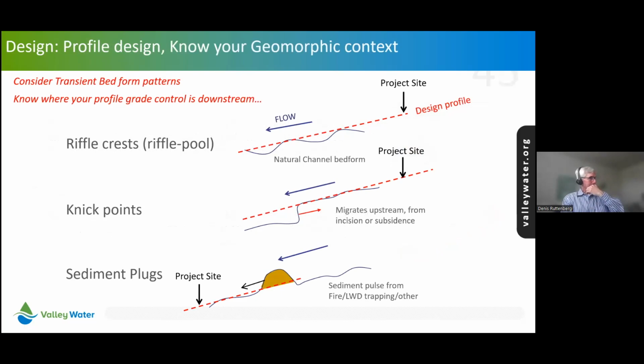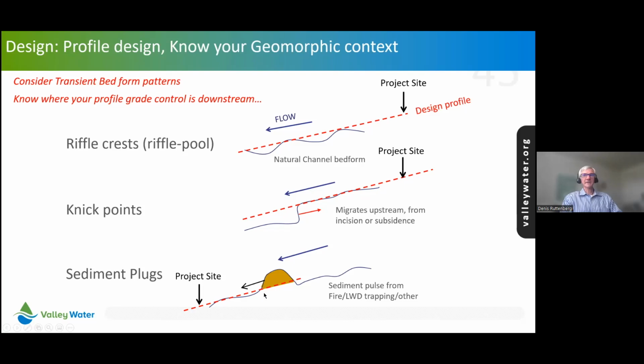Kind of revisiting that previous slide, when you design your structure, think about your profile. What's happening downstream? Is there a nick point that's going to migrate through my project site and blow it out?